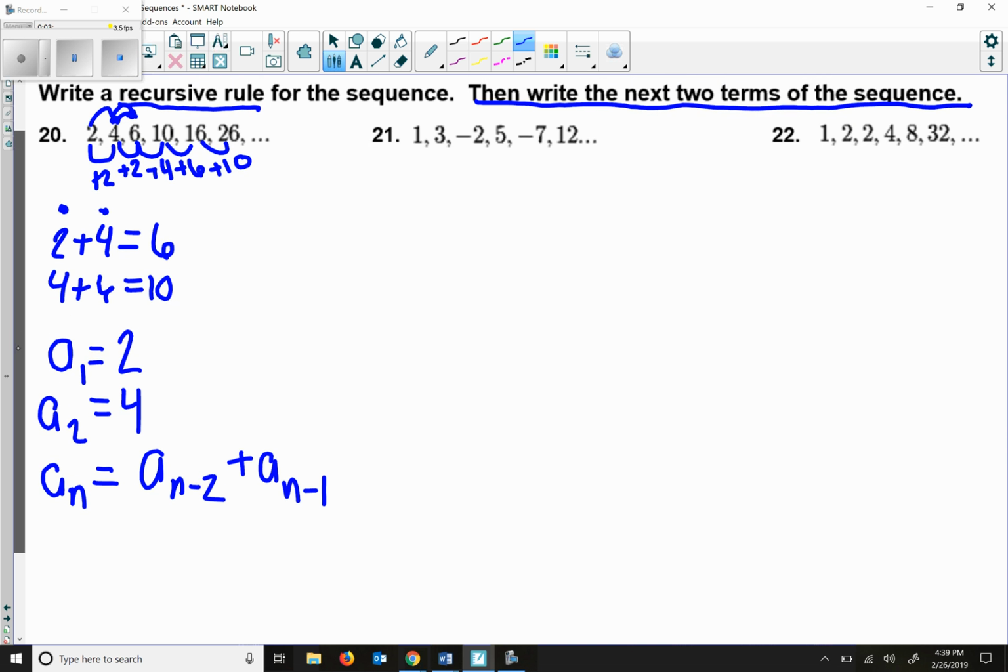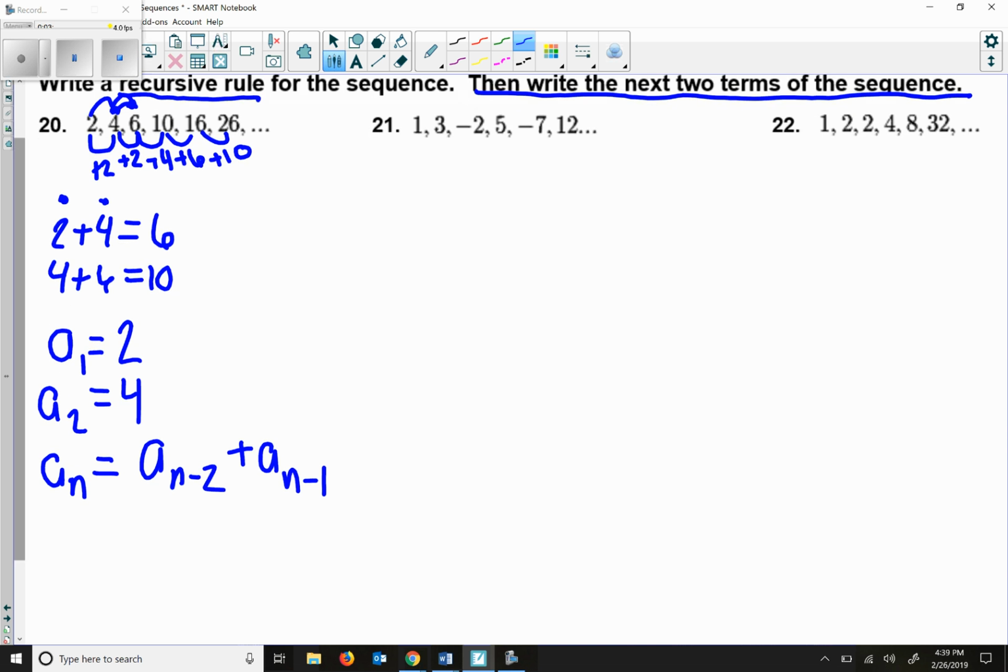Then the last part of the directions say to write the next 2 terms of the sequence. So you take 16 plus 26, and that gives you 42 for the next term. Then 26 plus 42 gives you 68. Those are the next 2 terms in this sequence.